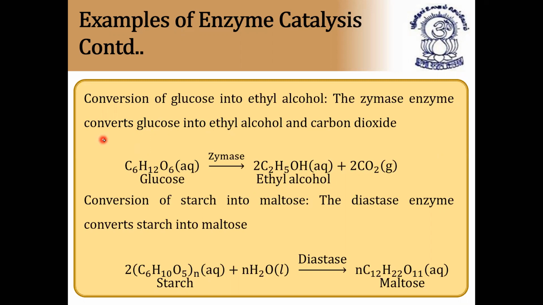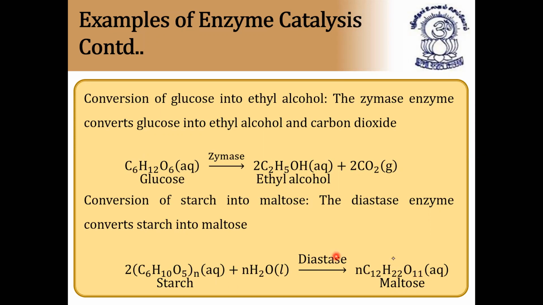For sugar cane, that is sucrose, in the presence of invertase, it forms glucose and fructose. Glucose in the presence of zymase forms ethyl alcohol and carbon dioxide. Starch has the molecular formula (C6H10O5) taken n times, and it converts into maltose. Maltose formula is C12H22O11, just like sucrose, but the arrangement is different.